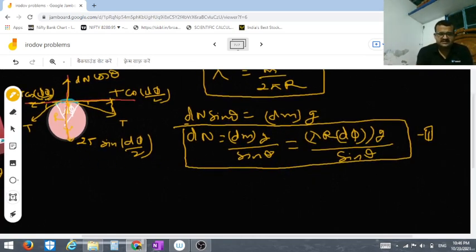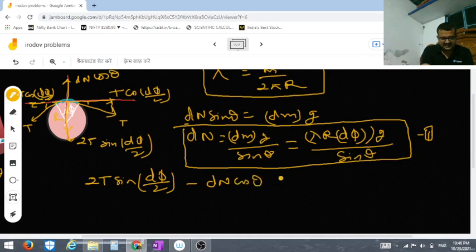The differences between these forces will definitely be providing the centripetal force, so that will be 2T sin d phi by 2 minus dN cos theta is equal to dm into r omega square.